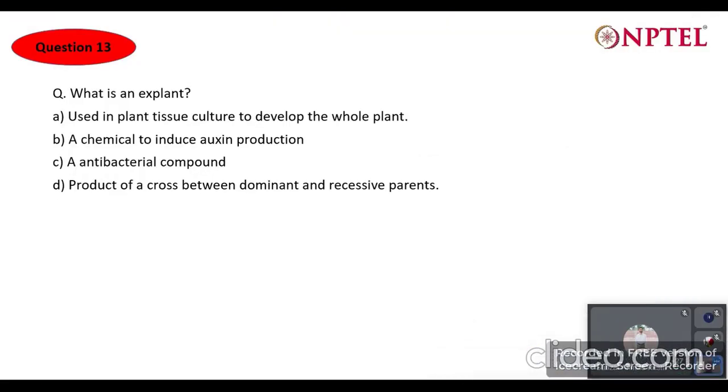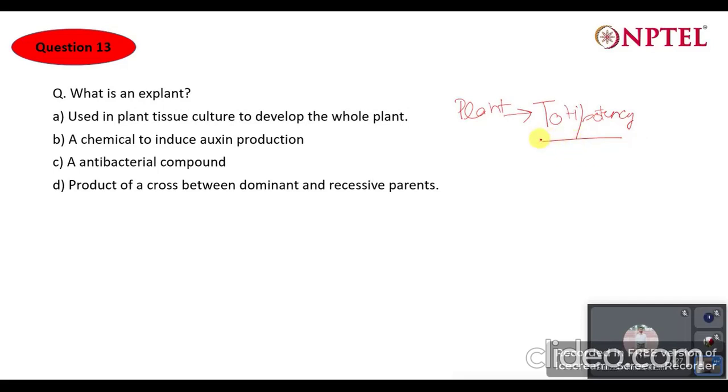Is it visible? Yes, sir. So, what is an explant? As we know, a plant has the characteristic of totipotency, and totipotency says that each and every cell of the plant can give rise to a new organism.